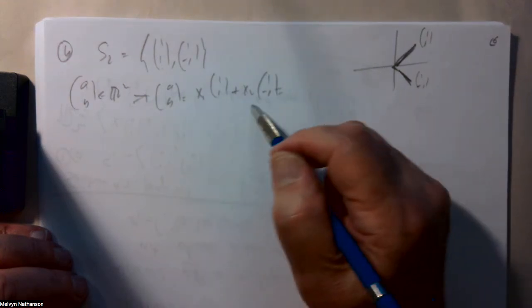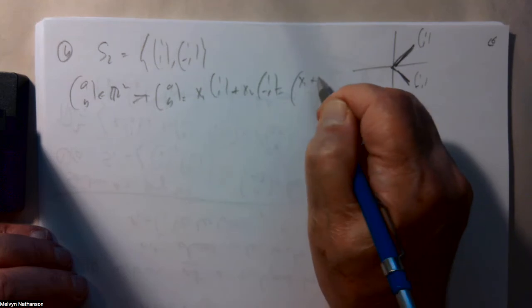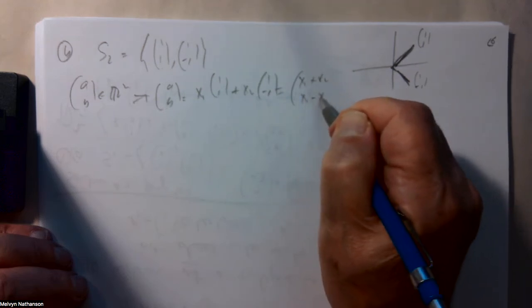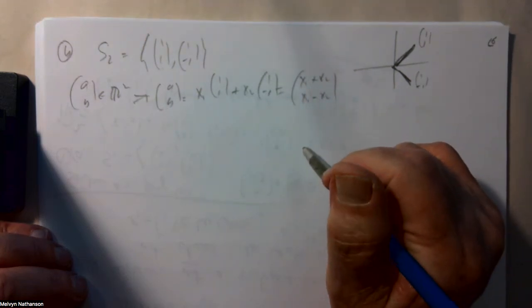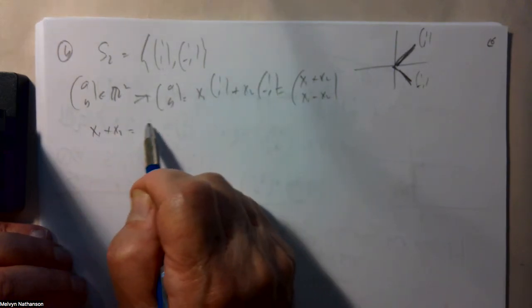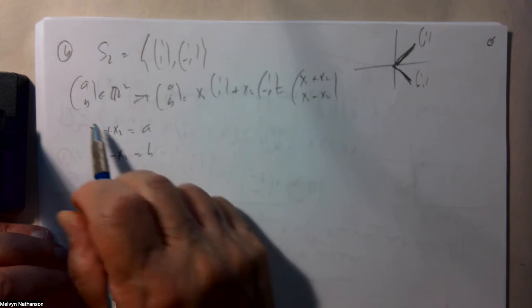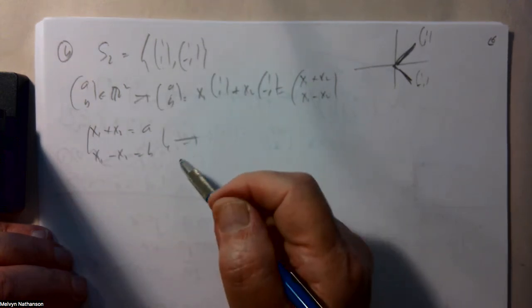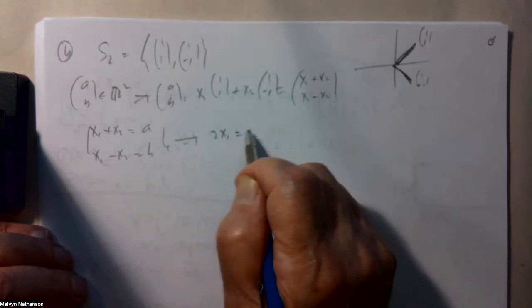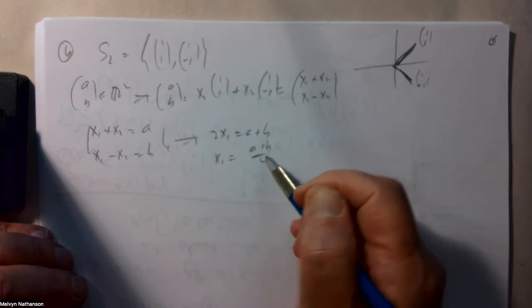That is, I can write AB in the form x1 plus x2 and x1 minus x2. I can do that if I can solve the equations x1 plus x2 equals A and x1 minus x2 equals B, which if I add gives me 2x1 is A plus B, so x1 is A plus B over 2.